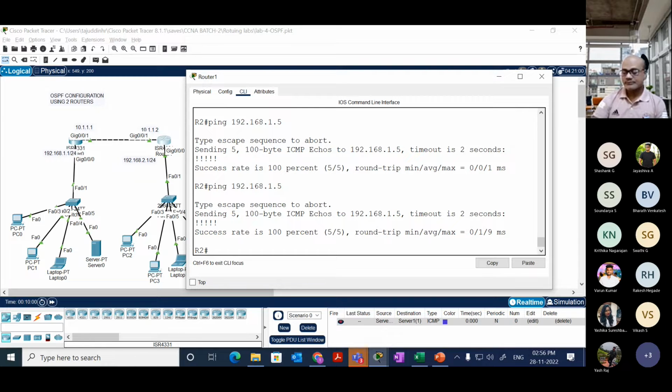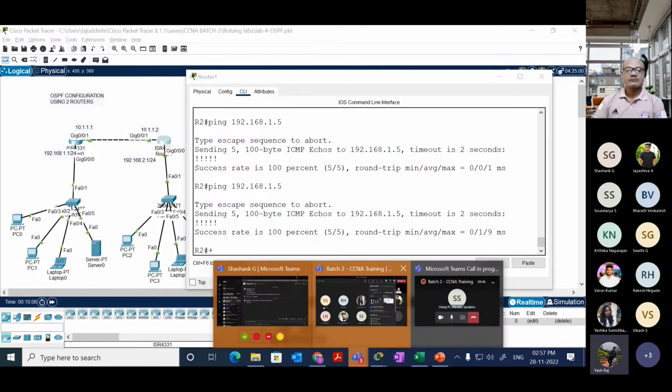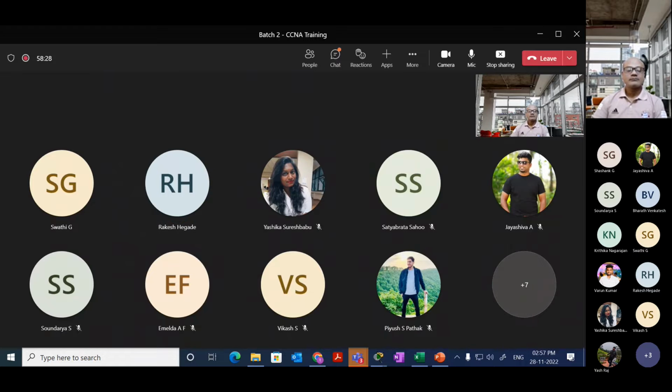What about other guys? Any questions here? Mutaj, Ishika, Soundarya, Imelda, Swati. No, Taj, I don't have any doubts.